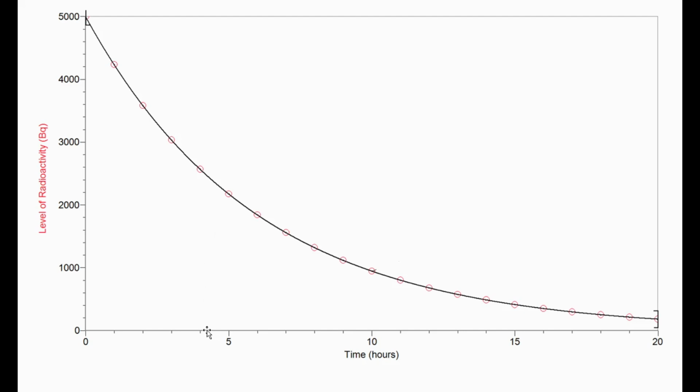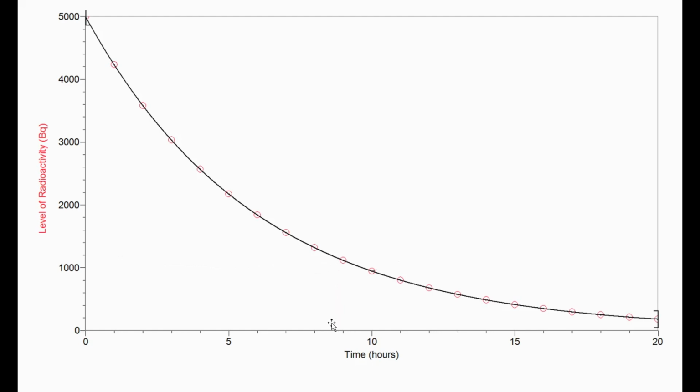So the half-life is 4.2 hours, whether we measure level of radioactivity or whether we measure the actual number of undecayed nuclei. We can try that again from 2,500. We can go down to about 1,250. Now, of course, it's very approximate on this graph. And we get here and it is about 8 point something, which is what we would expect.